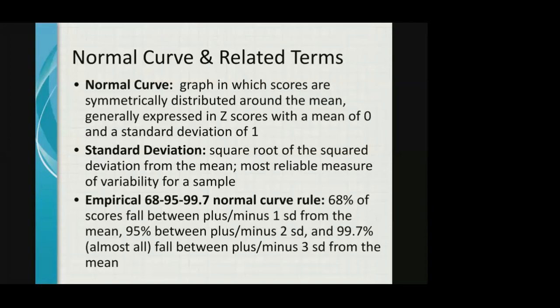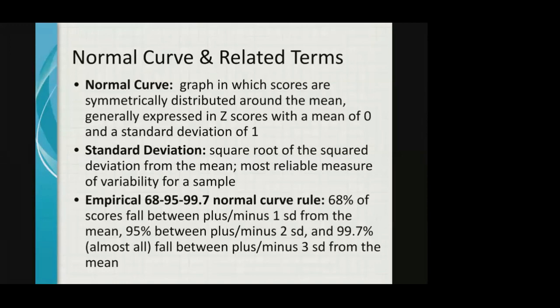So the standard deviation, I give you the definition there. It's the square root of the squared deviation from the mean. You don't really need to know that because that doesn't really tell you anything. What you need to understand about the standard deviation is that it's the most reliable measure of variability for a sample. And I'm going to show you kind of what I mean here in a minute.